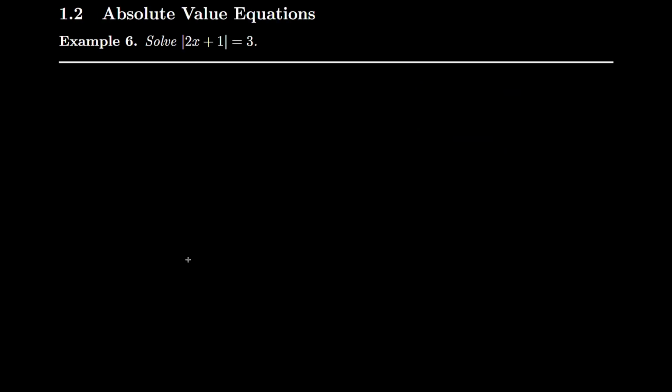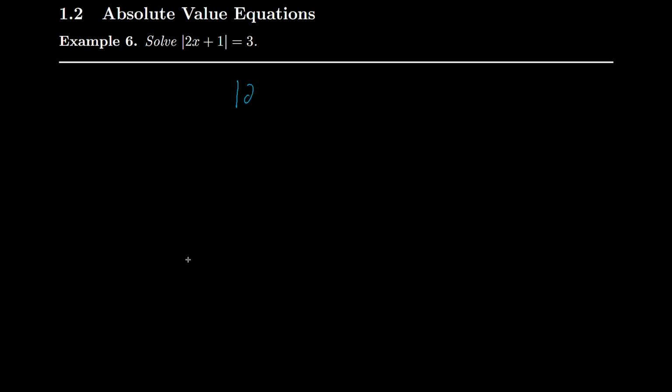So now we're going to move on to another topic called absolute value equations. And it is as simple as it sounds. It's just solving equations or inequalities involving absolute value. And it's super easy to show you how to solve these sorts of things because they basically just break down into two cases. Let me show you this first one.